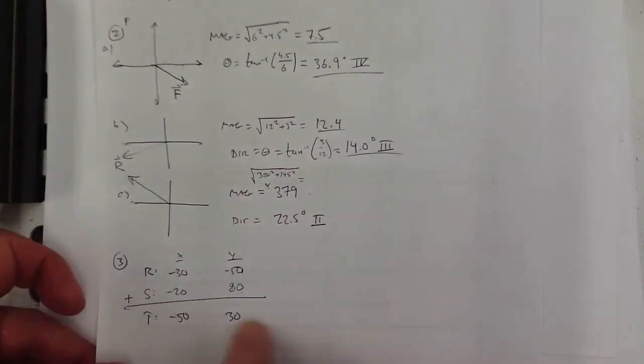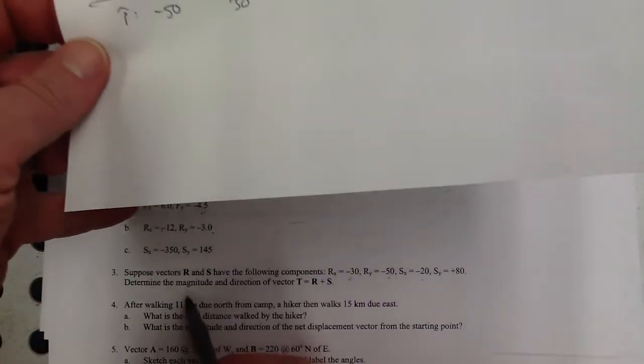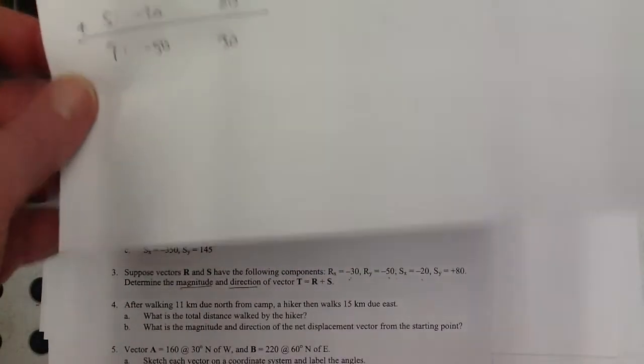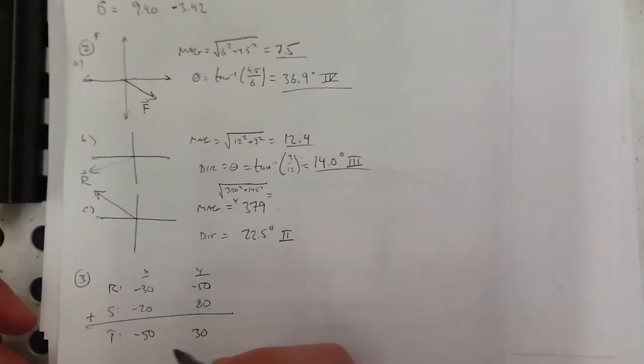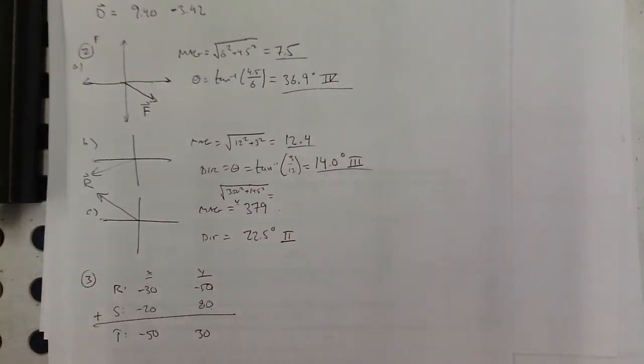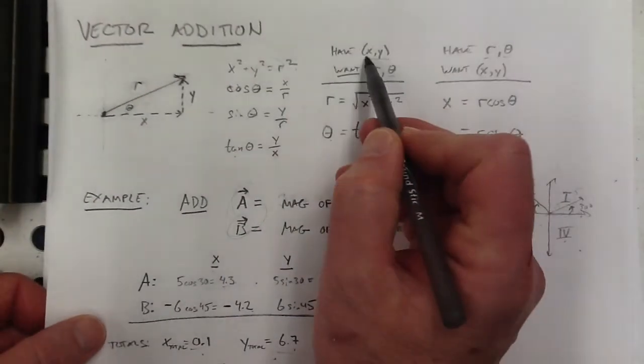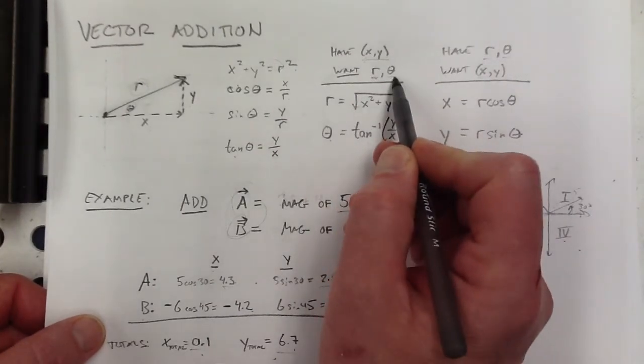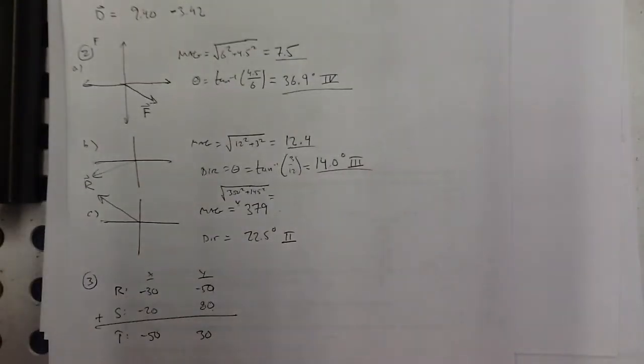So that's the answer in XY form with the components, but they want us to do magnitude and direction. So if I have the x and the y, and I want the R and the theta, that's the magnitude and the direction, then I need to do this. And we were just doing that, weren't we?